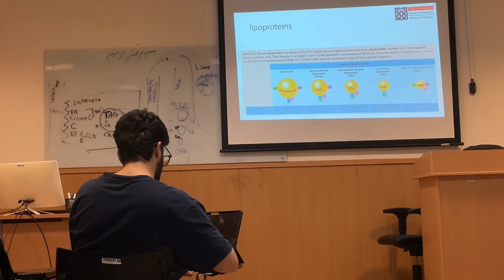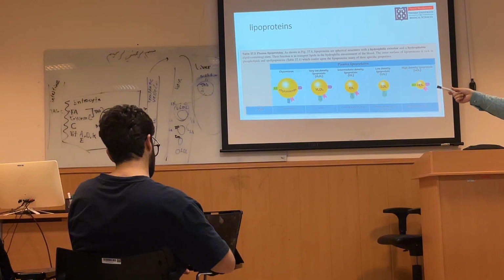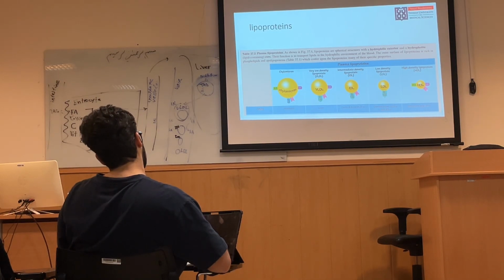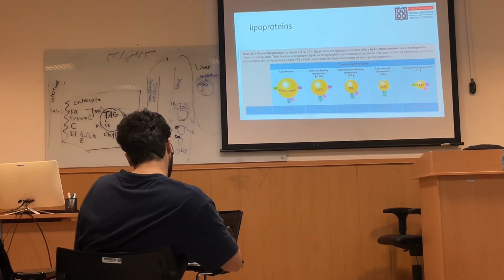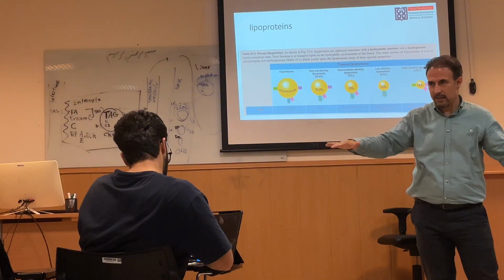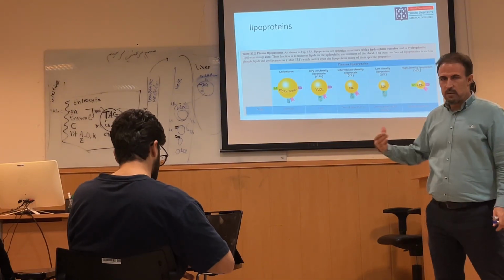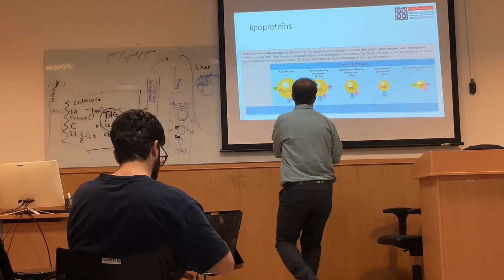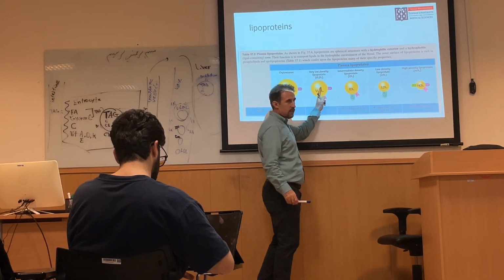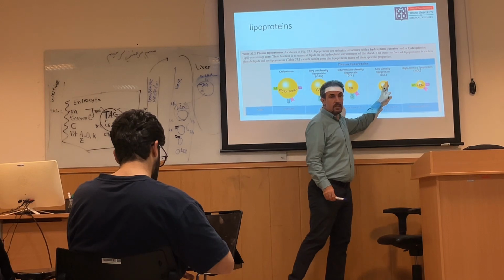If you take a sample from yourself, you will find this, except the chylomicrons. If you are fasted for 8 hours or 10 hours, you will not see chylomicrons in blood circulation, because our liver clears them after some hours. But the other ones, you will see in blood circulation.